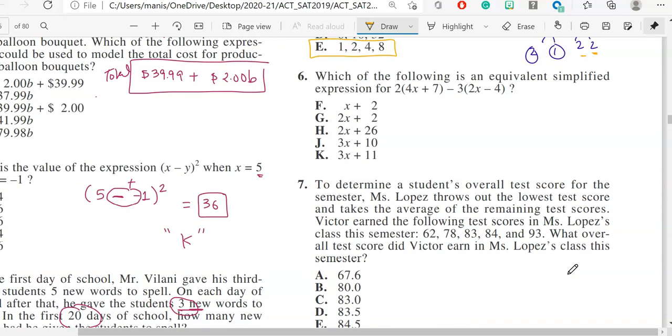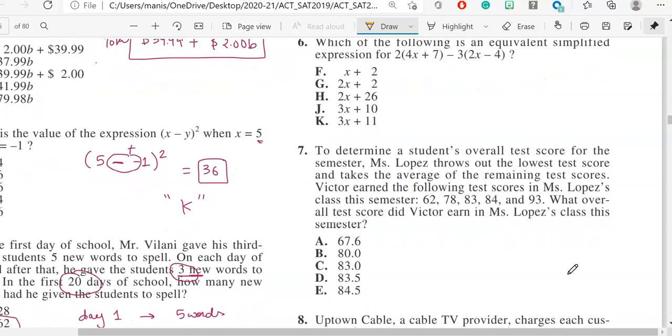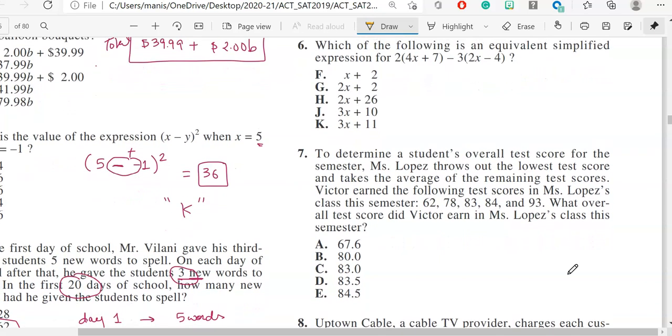Let's look at question number 6. Which of the following is an equivalent simplified expression for 2 times (4x plus 7) minus 3 times (2x minus 4)? So in this case we will use the distributive property of multiplication.